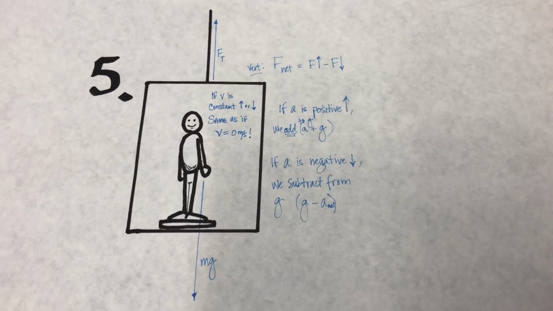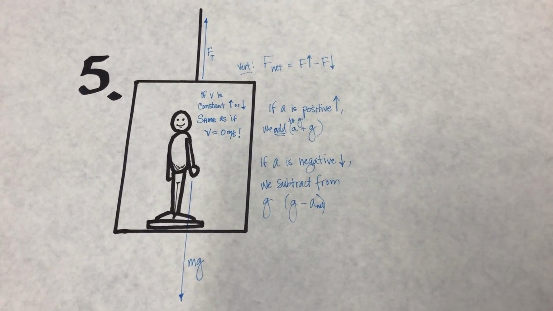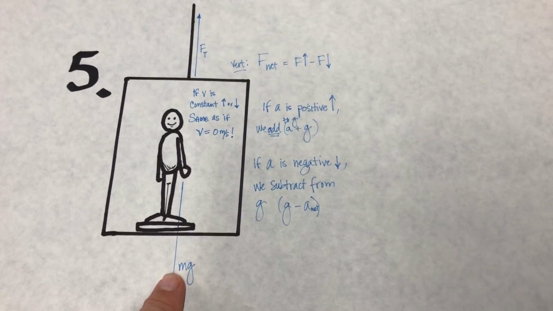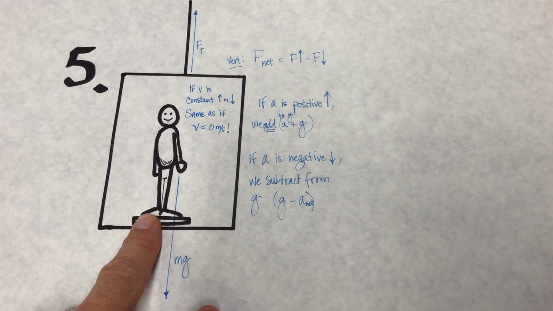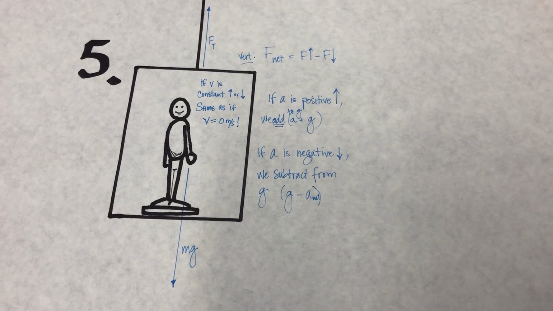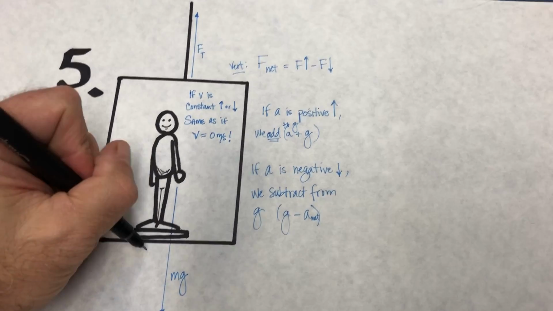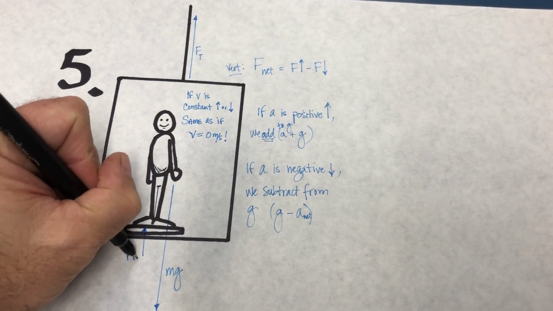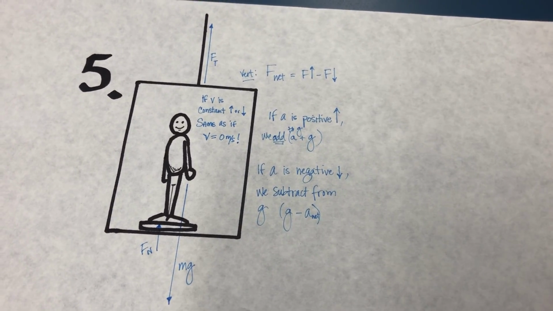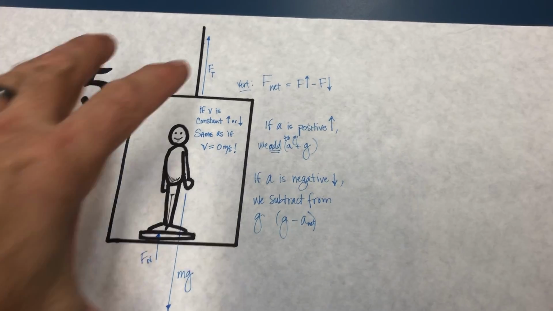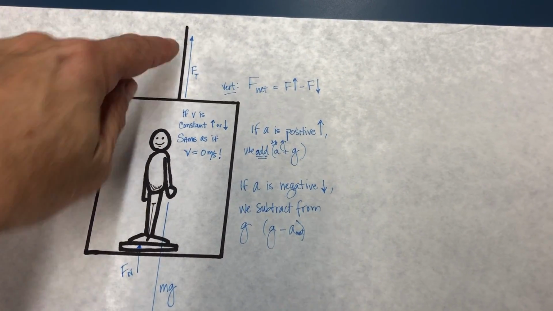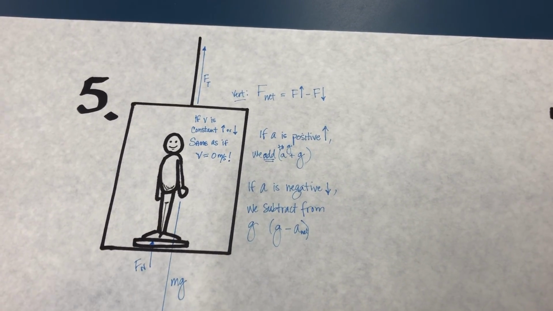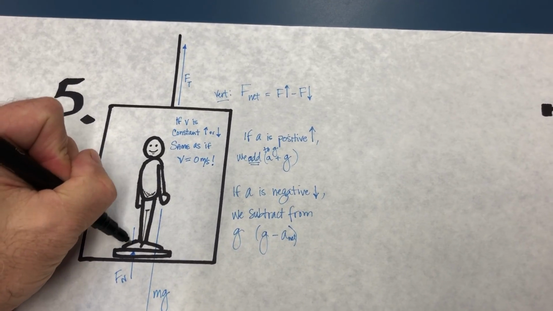Okay, so here's the really simple and easy rule: remember the tension force is pointing up and mg for the entire elevator is pointing down, and then the normal force from the scale on the person is pointing up, F normal. Outside the elevator, tension force and mg; inside the elevator, the normal force and whatever mg is inside.